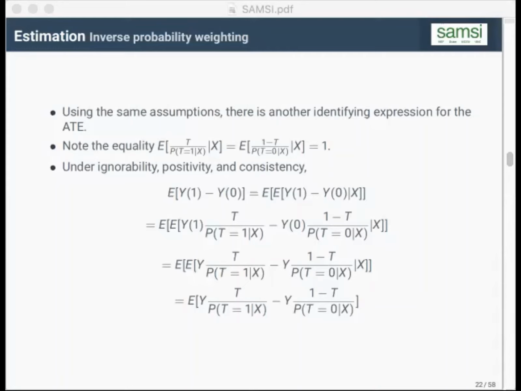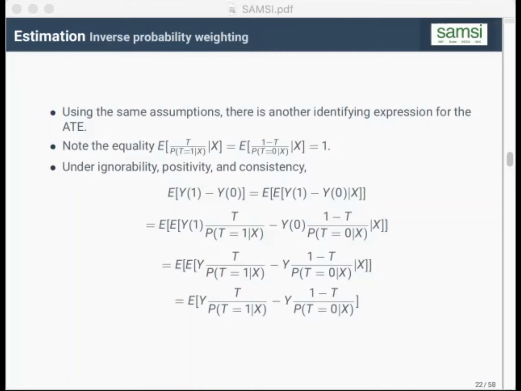So first, note these two equalities, that T divided by the probability that T equals 1 given X, its conditional expectation given X is 1, and the same with 1 minus T divided by the probability that T equals 0 given X. T is like an indicator of receiving treatment, and an indicator divided by its expectation has expectation 1.